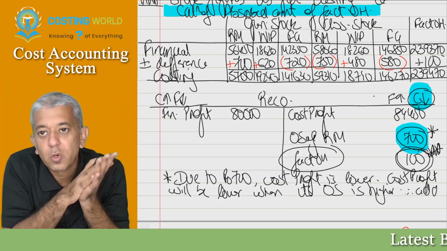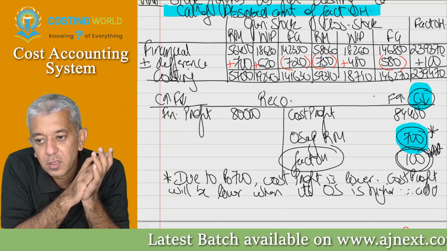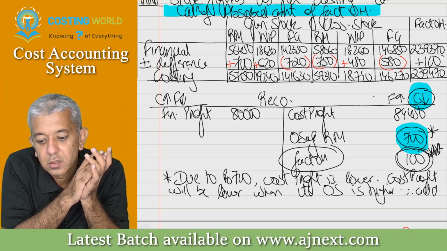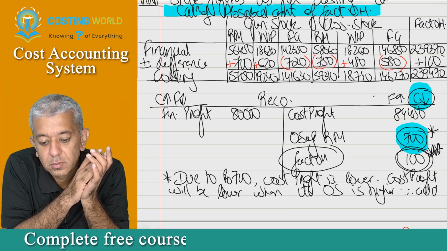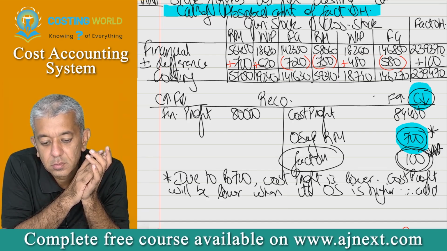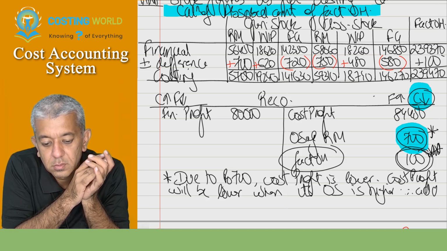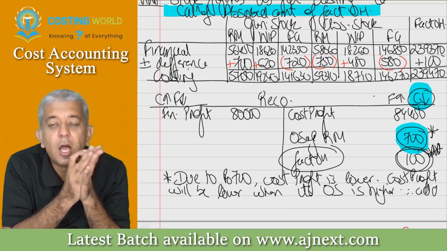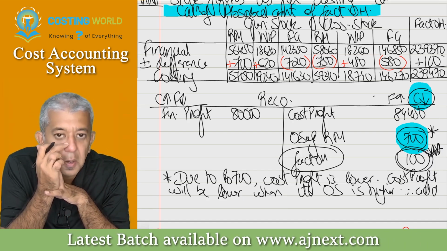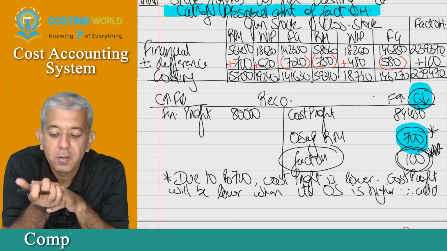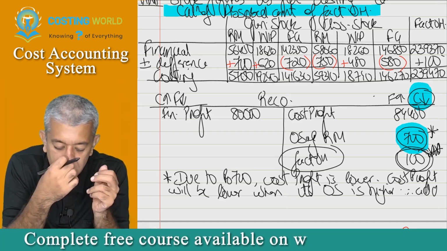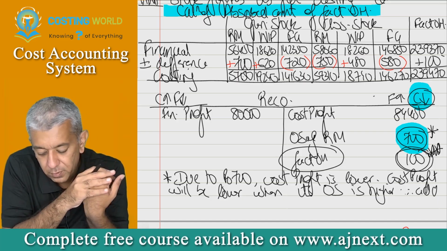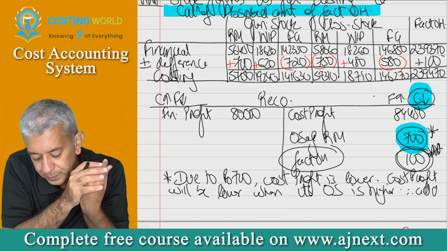Full stop. Costing's profit will be lower when amount in costing is higher. Full stop, therefore add.